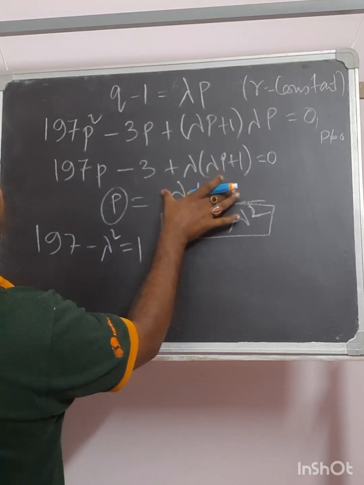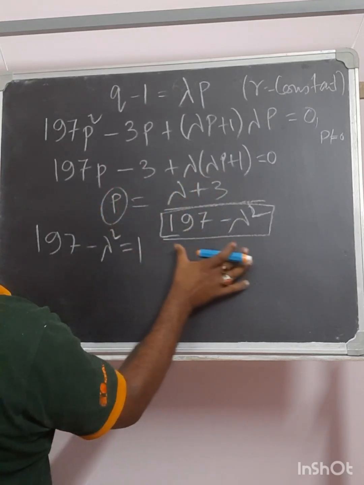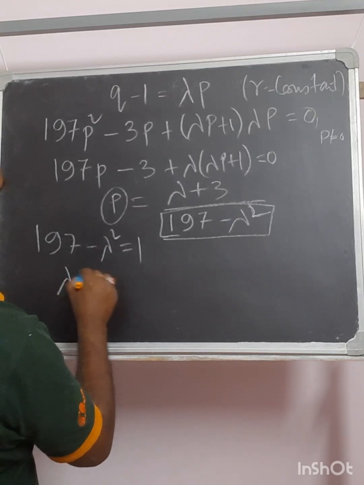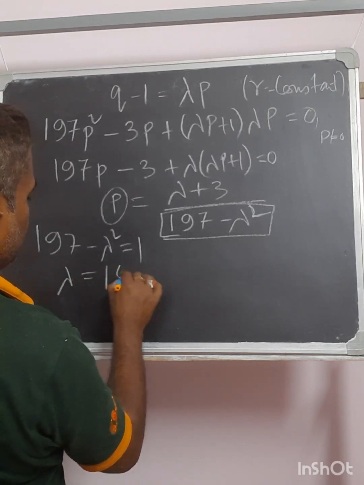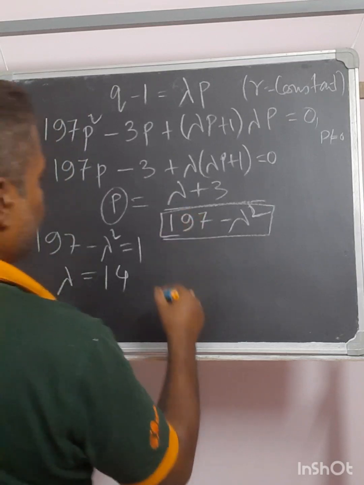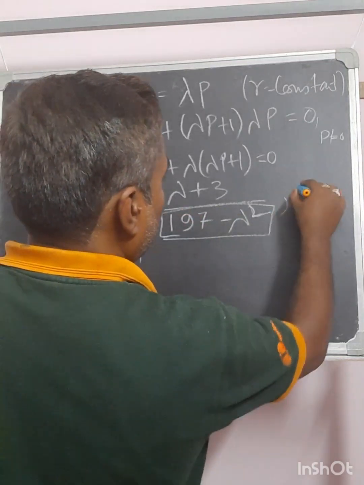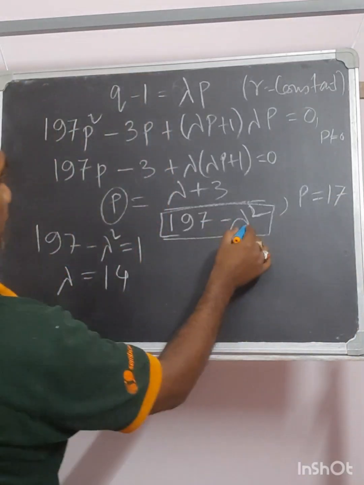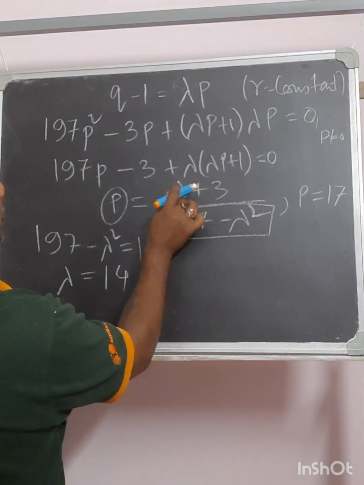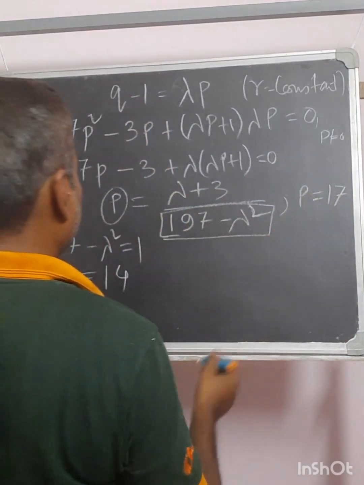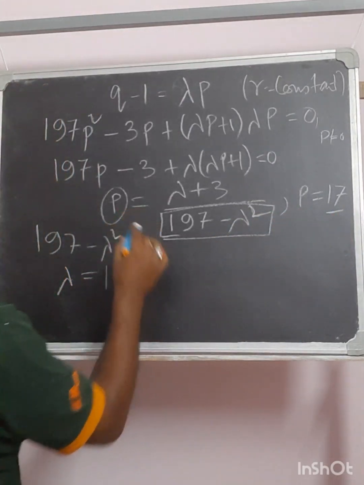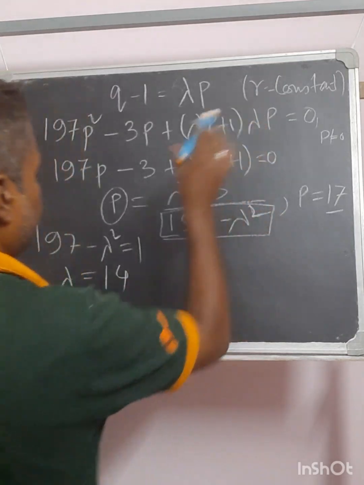So if it is a prime number, then definitely it is one of the solutions. So from 197, lambda I will get equal to 14. So if I put lambda equal to 14, I will get P equal to 17. Putting lambda, the denominator is 1, so 14 plus 3, that means 17. So definitely 17 is a prime number and it satisfies the requirement of the problem.